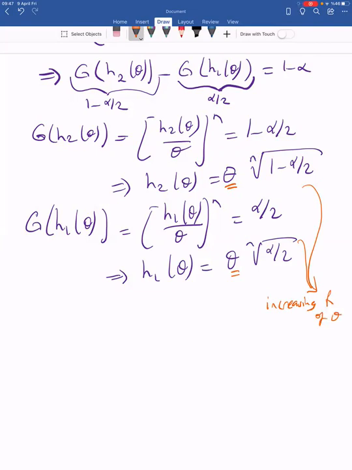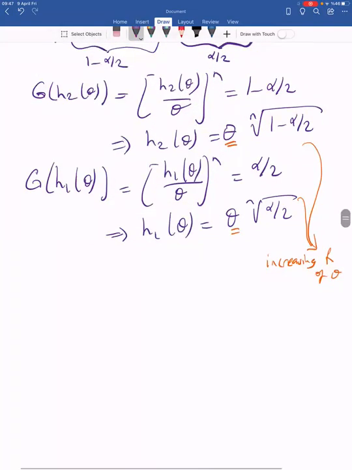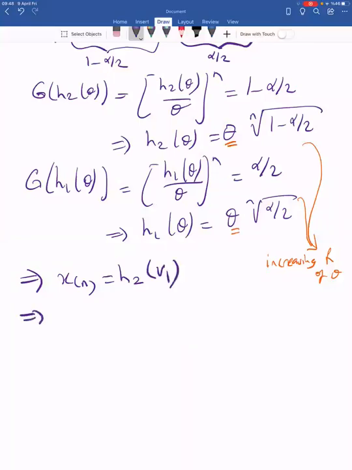This means that from the lower bound of S, we will get the upper bound for theta, and when we use the upper bound for X_(n), we will get the lower bound for theta.